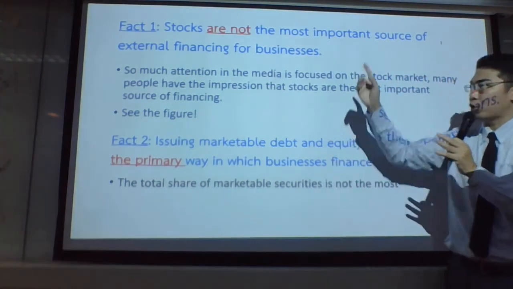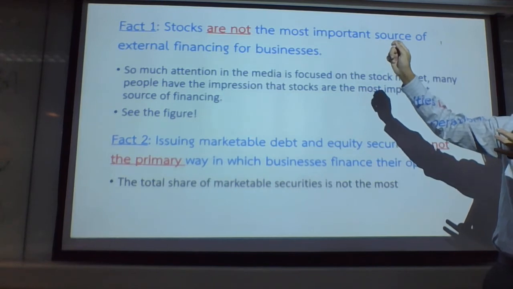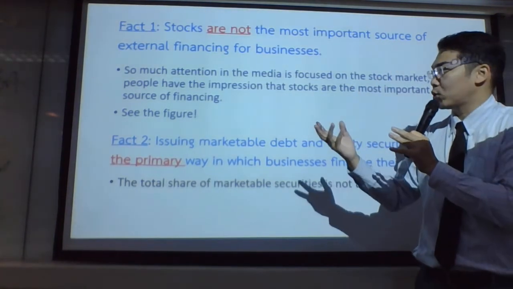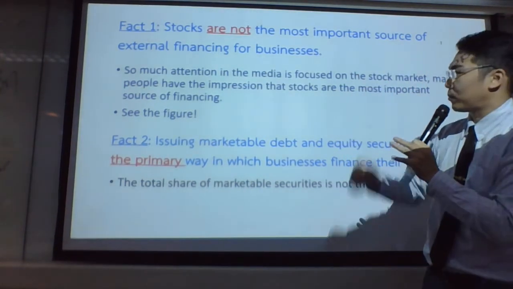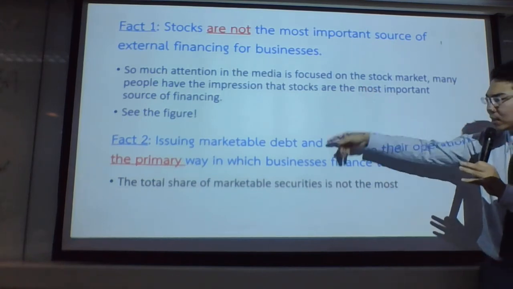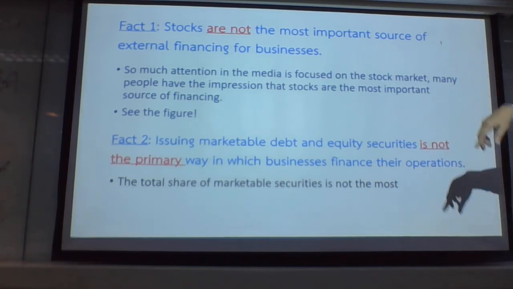So the cost of issuing these marketable securities will increase according to the degree of asymmetric information. That is why stock is not the most popular one. Fact number 2 and fact number 1 share the same reason.